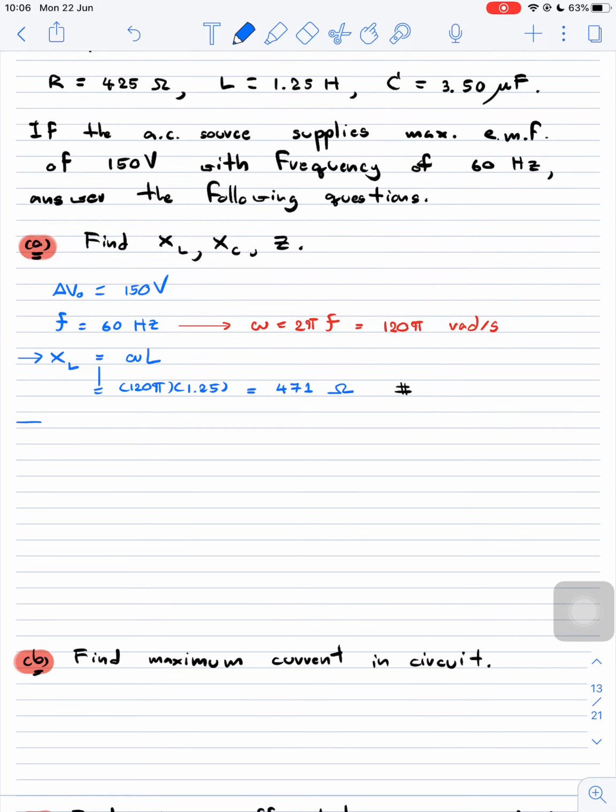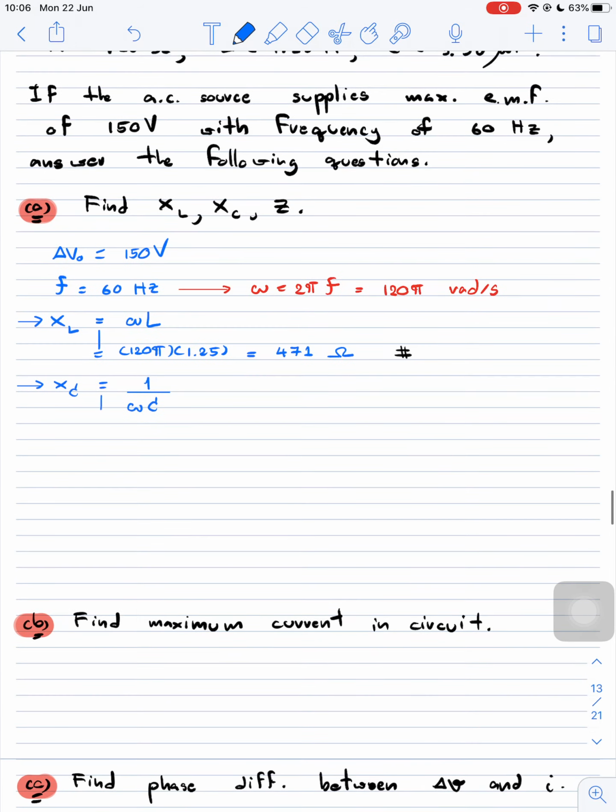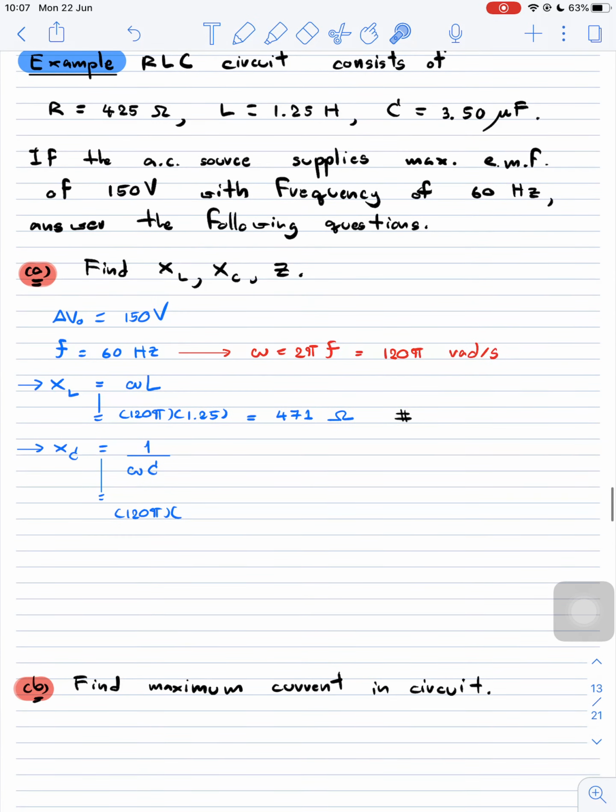Now for the XC. The XC is equal to 1 over the omega times the C. Let's put in the numbers: 120 times pi, and for the C, it's 3.50 microfarad, where micro is 10 to the negative 6.